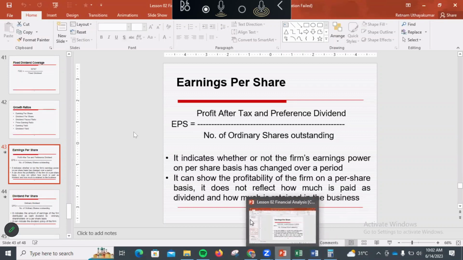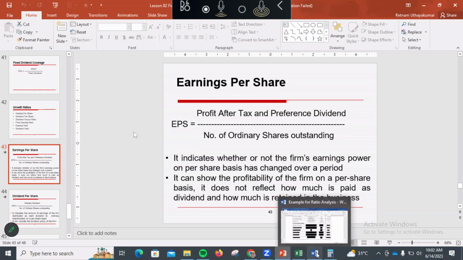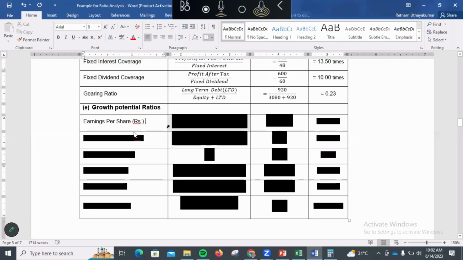You would have studied more complicated calculations for earnings per share at the advanced level. Profit after tax less preference dividend. Profit after tax, you know, is 600. Preference dividend 60.